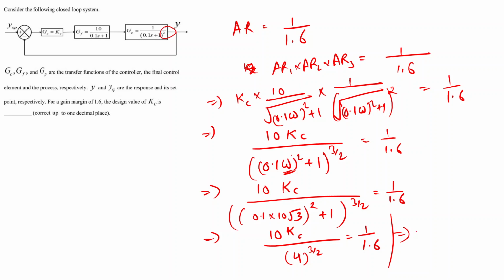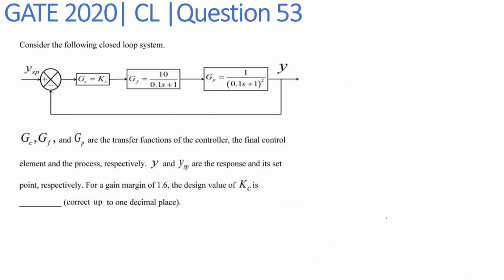So Kc will be 8 upon 10 into 1.6. So the final value of the controller gain we can write as 0.5. That is 8 upon 16, it will be 1 by 2, that is 0.5. So for the gain margin of 1.6, the design value of Kc is 0.5, which is our final answer.